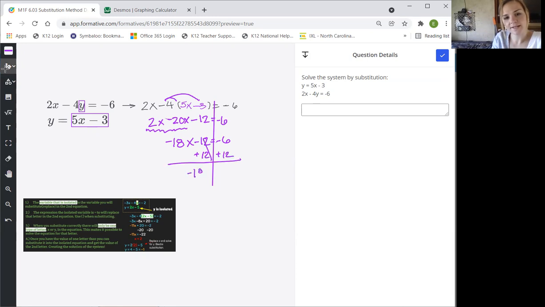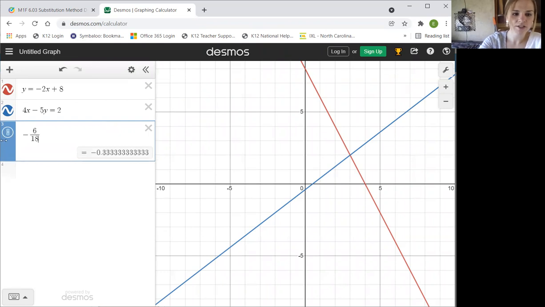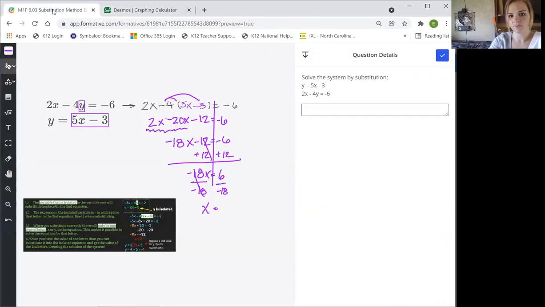That gives us -18x equals 6. And lastly, divide by that -18 on both sides. Either you can simplify in your head or simplify with Desmos. If you simplify it in Desmos, it would be -6 over 18, which simplifies to -1/3.